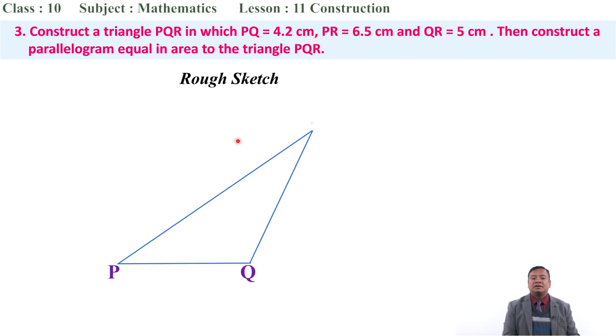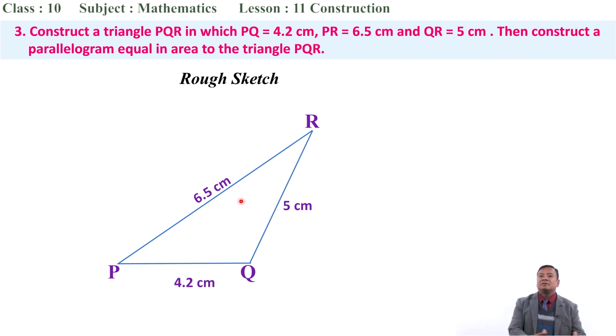In the rough sketch, here we have to construct a triangle PQR. Here you can see in triangle PQR, PQ is 4.2 centimeter, PR is 6.5 centimeter, and QR is 5 centimeter. These types of triangle at first we have to construct, and after constructing the triangle, as in the previous questions, we have to draw a parallel line through the point R, which is parallel to the base PQ, right?